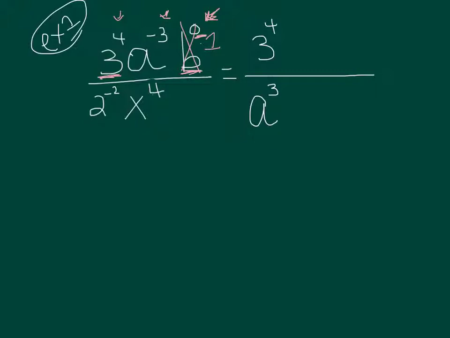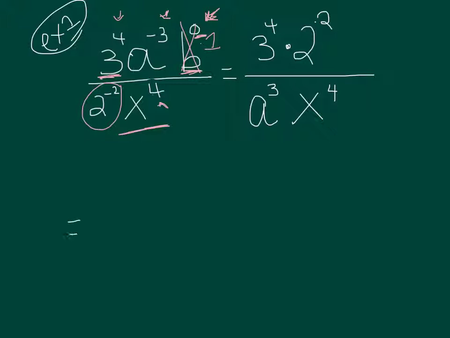Okay, now let's take a look at the denominator. I have 2 to the negative 2. That's a negative exponent, so I'm going to move it up to the numerator, right? 2 to the positive 2 now because I moved it. And then finally I look at x to the 4th. It's a positive exponent, so it stays where it is in the denominator, x to the 4th.